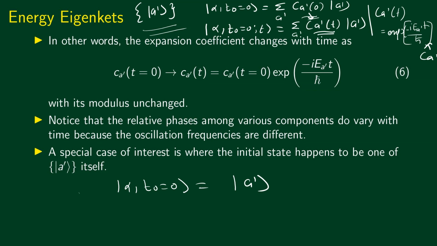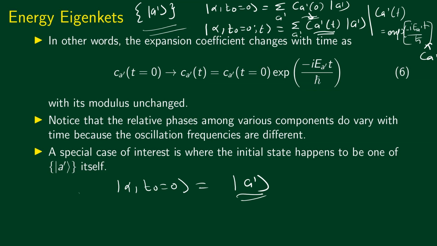Now, for example, this could be the case immediately after the measurement. Suppose you measure the energy of a system. Immediately after the measurement, we know that the state of the system will be one of the energy eigenkets. All right? Or if you measure the observable A, immediately after the measurement, the state would be one of the eigenkets of operator A. Suppose we are starting with such a state.